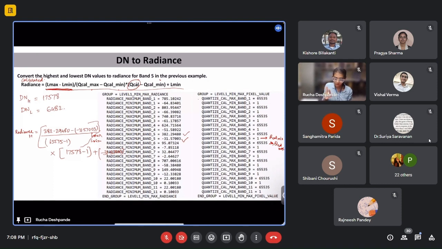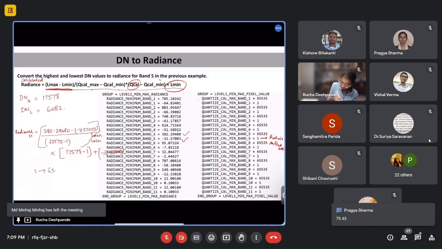For the DN value of 1, the radiance will be equal to L min, and correspondingly the radiance values will keep changing. For the highest value of QCal, radiance is equal to L max. So this radiance will be distributed between these two limits.